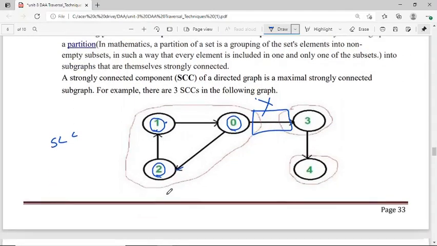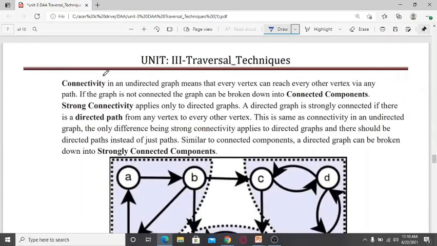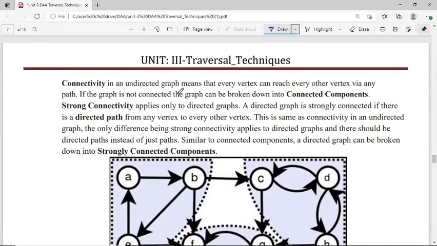Okay, so here the next topic is connectivity. Connectivity in an undirected graph means that every vertex can reach every other vertex via any path. So what is a strongly connected component? It is like you must go from any vertex to all the vertices present in the graph.